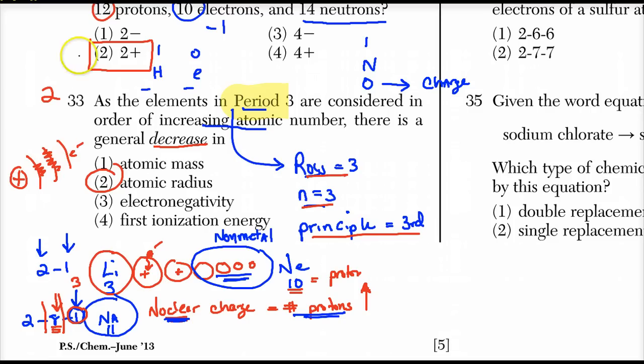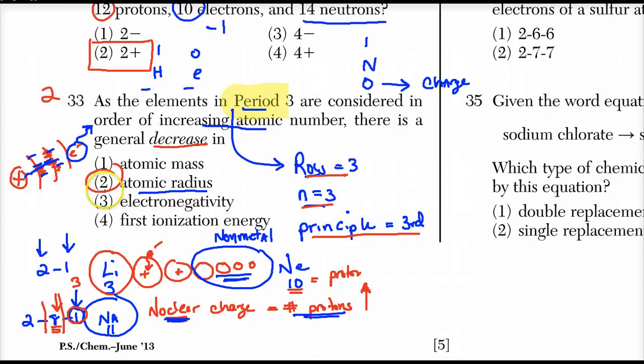These negatives in here make it really hard for this positive nucleus to get through, and really hard for this electron to feel that nucleus, so it's easily removed or it moves a little farther out. A couple of different ways to think about that. But clearly atomic radius is decreasing across the period.